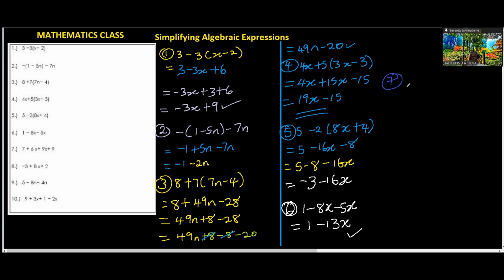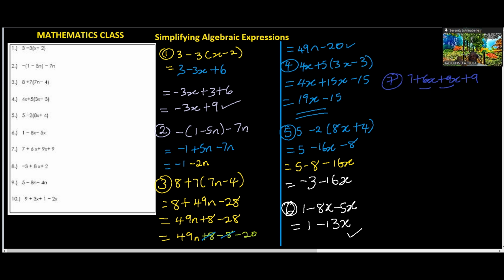We have 7 plus 6x plus 9x again and plus 9. So 7 and 9 are like terms, they're numbers. 6x and 9x have x.